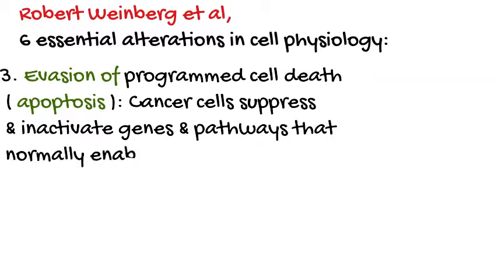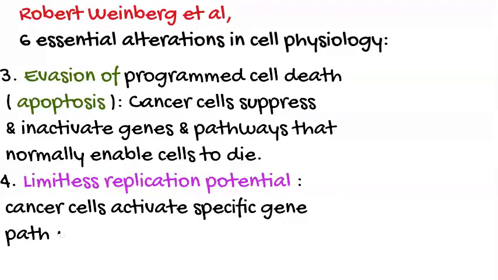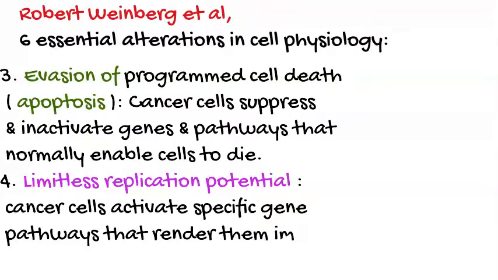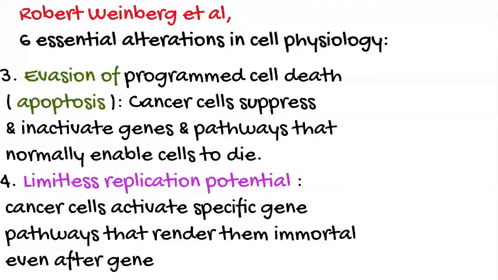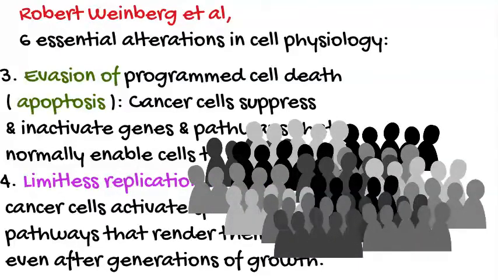Cancer cells suppress and inactivate genes and pathways that normally enable cells to die. Number 4. They have limitless replication potential. Cancer cells activate specific gene pathways that render them so-called immortal even after generations of growth.